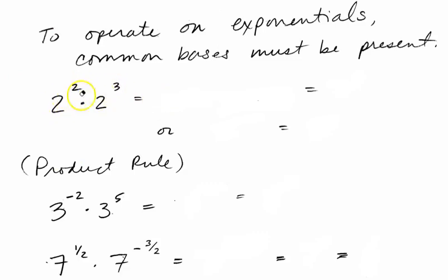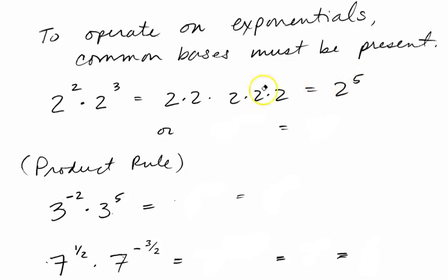So I'm going to do this one a little bit brute force here. 2 squared times 2 to the third, so that would just be 2 times 2 times 2 times 2 times 2. There's 2 to the third, and so we can rewrite that as 2 to the fifth. Now it's going to be 32, but that's beside the point right here.